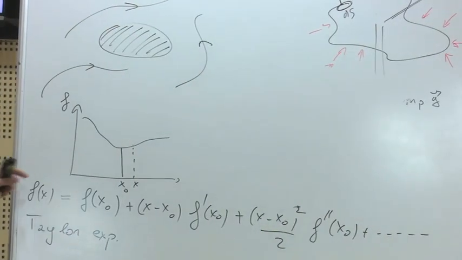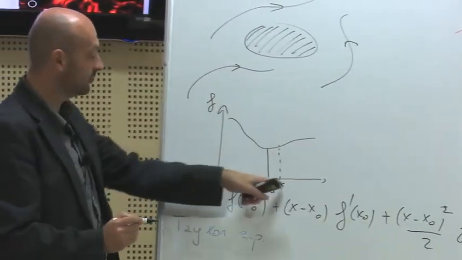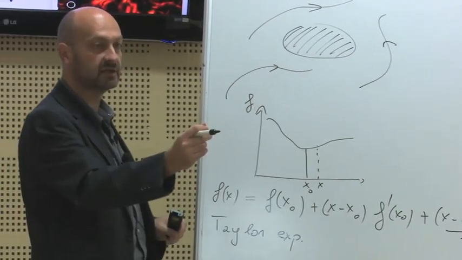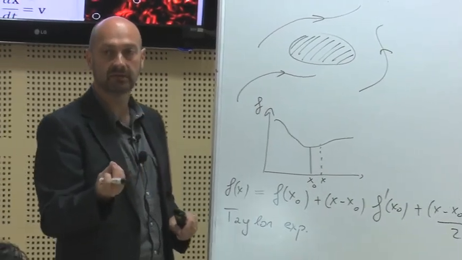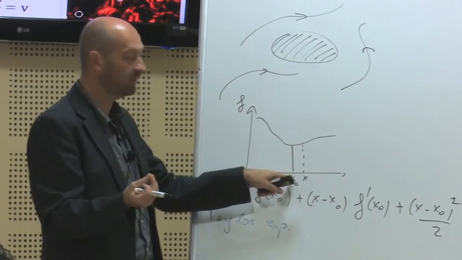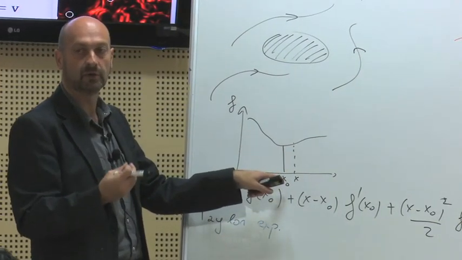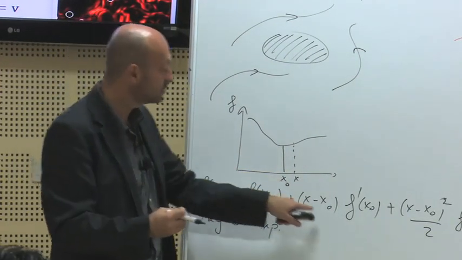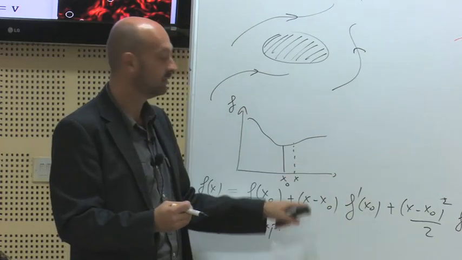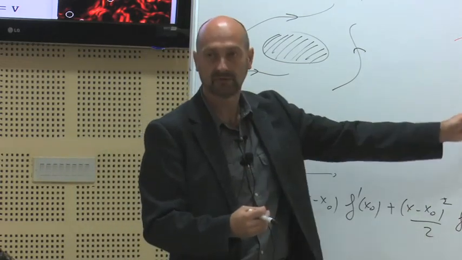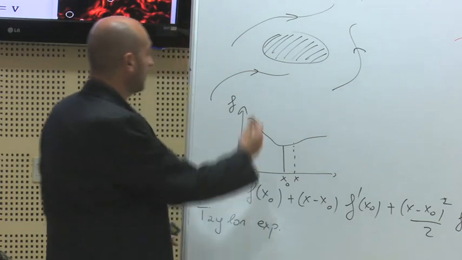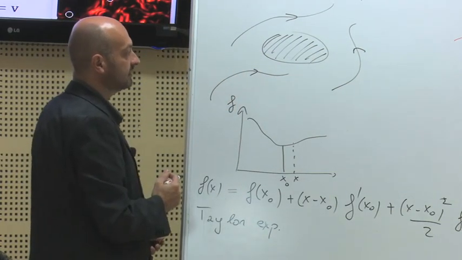Okay, so you say that the value of your function at the position x, the first estimate that you can make is to say that this is the value of f of x naught. If you want to be more precise, you are going to add another contribution, and then another contribution, and that for infinite. For the force acting on the particles, that will be the same.